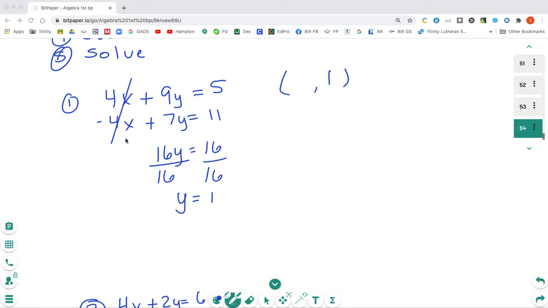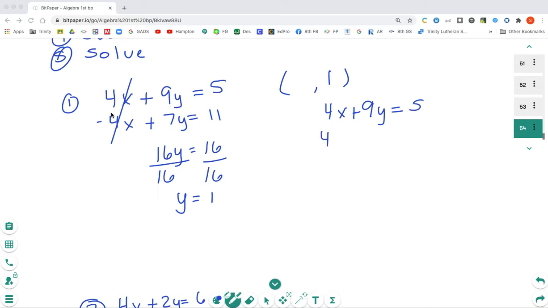You can choose whichever original equation you want to use. I always look for the equations that don't have negatives, and I also look for the equations that have the smallest numbers, which means I'm going to use the first equation to find x. So I'm going to do 4x plus 9y equals 5. Go back to the original equation. Plug in my y value.